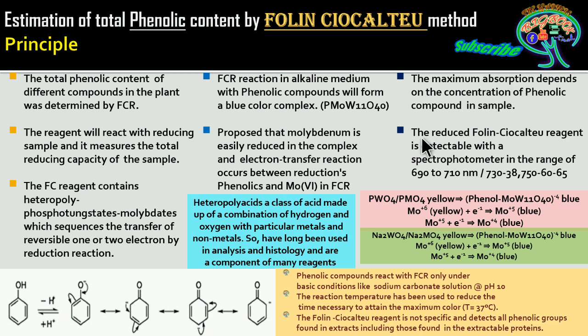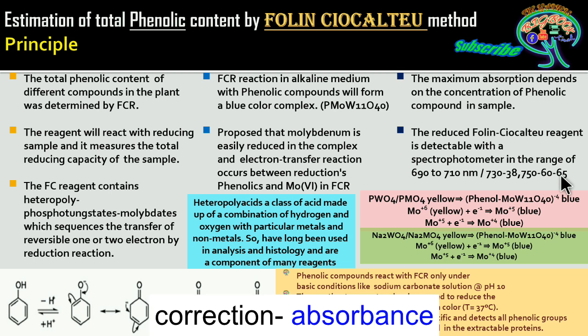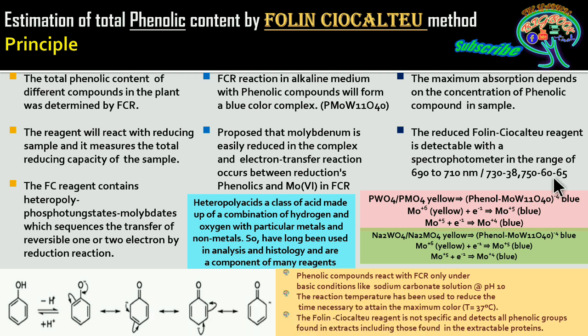So further, the reduced Folin-Ciocalteu reagent is detectable with a spectrophotometer in the range of 690 to 710 nanometer, and also 730, 738 and 750, 760, 765. So here, why I have mentioned these different ranges, in the sense that I have gone through many research papers and also many lab manuals where they have given different ranges of absorption in nanometers.